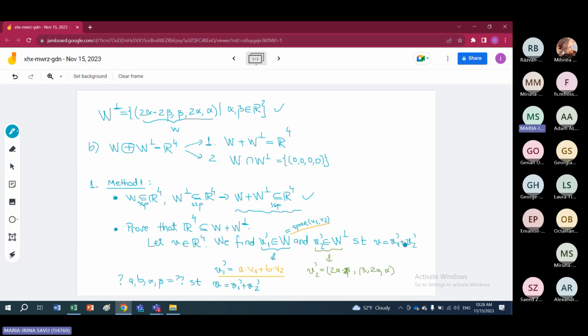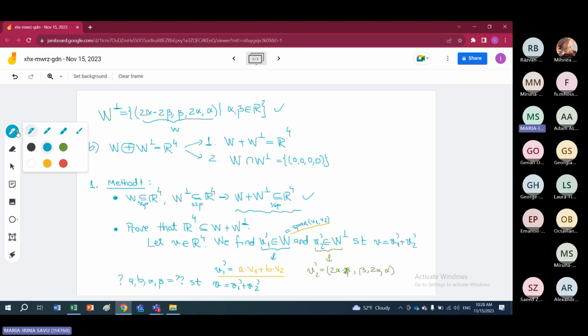Okay, so you need to find these two vectors, which is equivalent to the fact that you need to find these constants, A, B, alpha, and beta, such that V can be written as the sum of these two vectors.